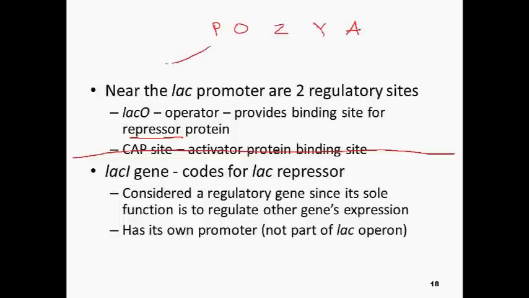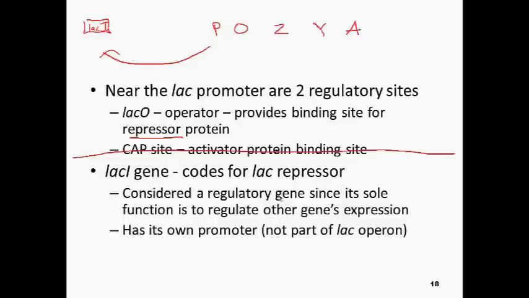Now at a distant site, well away from that operon, is another gene called lac I. It's a structural gene that encodes for the lac repressor. Now, it's considered a regulatory gene, right? We have metabolic genes, we have genes involved in expression.